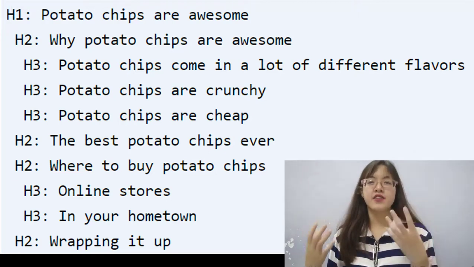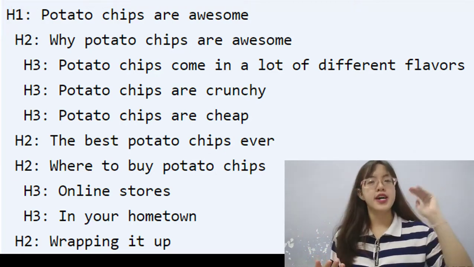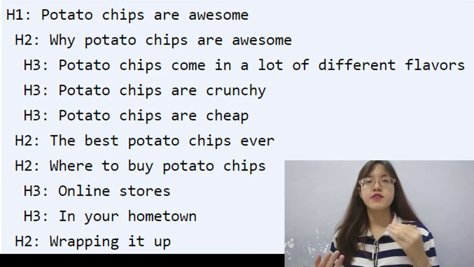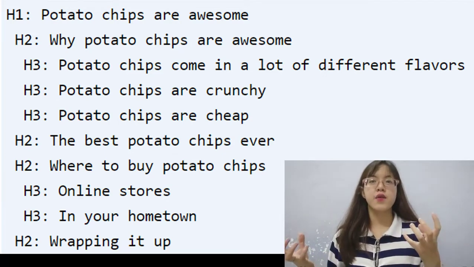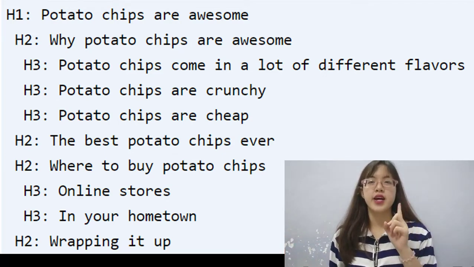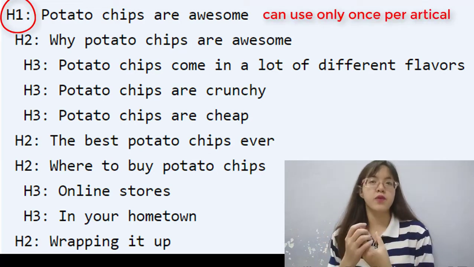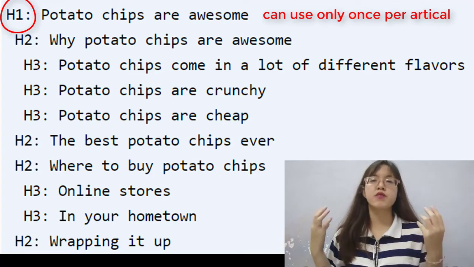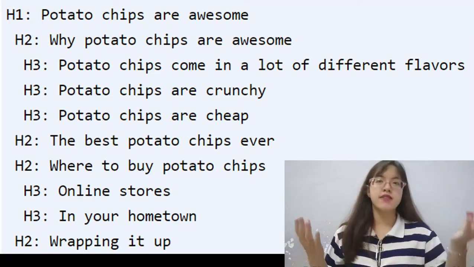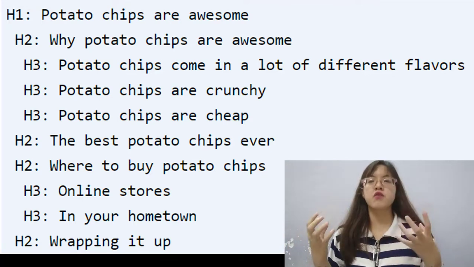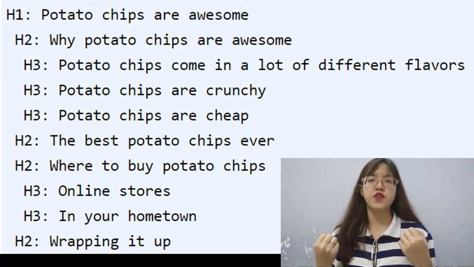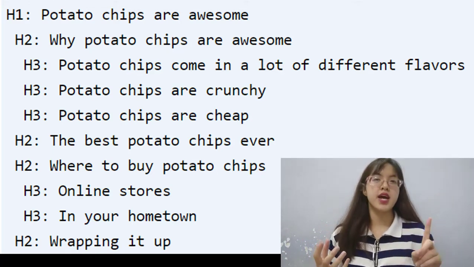Heading tags have a top-down hierarchy from H1 to H6, so your tags should start with a main heading H1. The H1 can only be used once per article, while other headings can be used multiple times as long as they follow a hierarchical structure. H2 is used for subheadings of H1. H3 is for subheadings of H2.